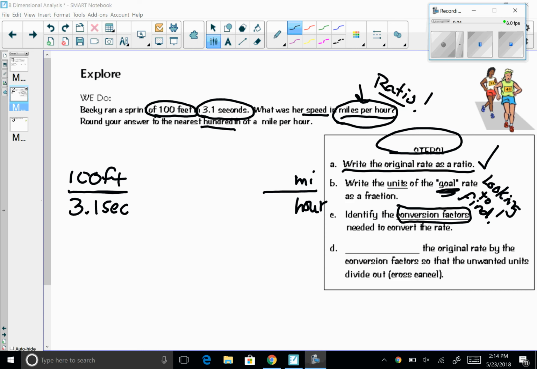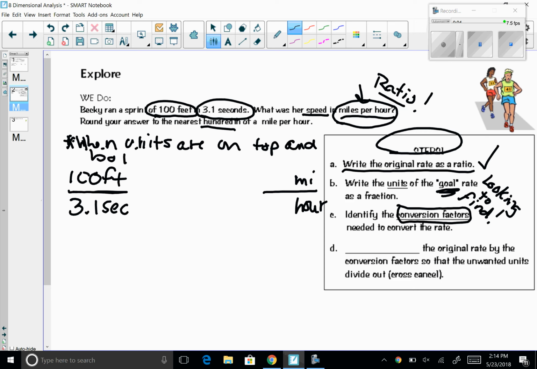One thing to keep in mind is when units are on the top and bottom of a ratio, they cancel out.